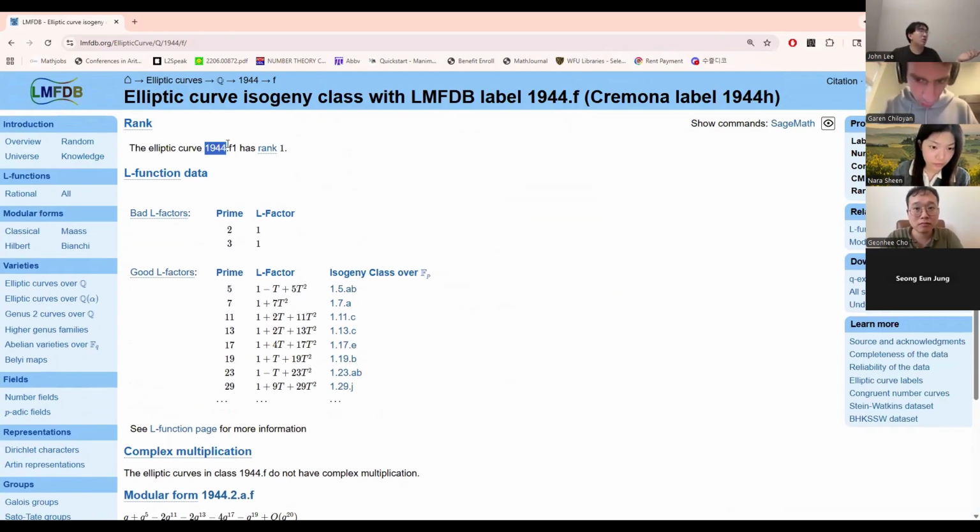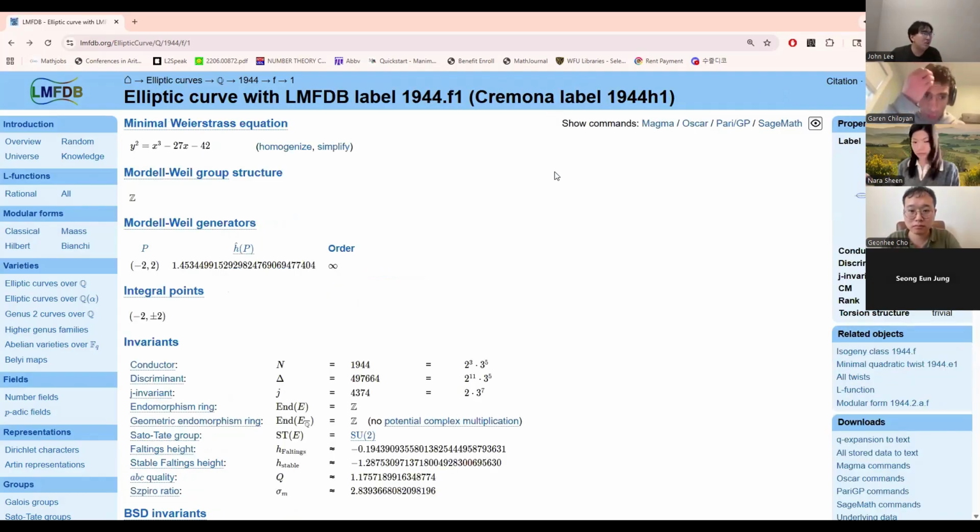In this case it only has one elliptic curve in this isogeny class, but any elliptic curve has a conductor number and some alphabet. This alphabet means whenever you share the same alphabet with the same conductor, they're in the same isogeny class. And F1, F2, F3 means the first elliptic curve, second elliptic curve, stuff like that. I don't know how they order them, but that's how you basically understand this one.